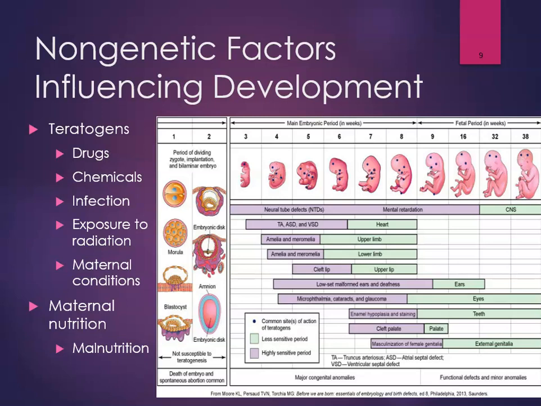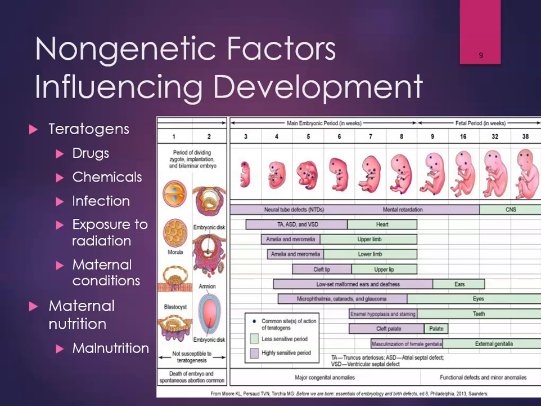Things like rubella, if they haven't been immunized and they're not immune to rubella and they contract it, that can cause severe neurological deficits. Herpes, if mom has an active herpes infection when passing through the birth canal, that is contraindicated. Things like that we'll talk about in more detail.